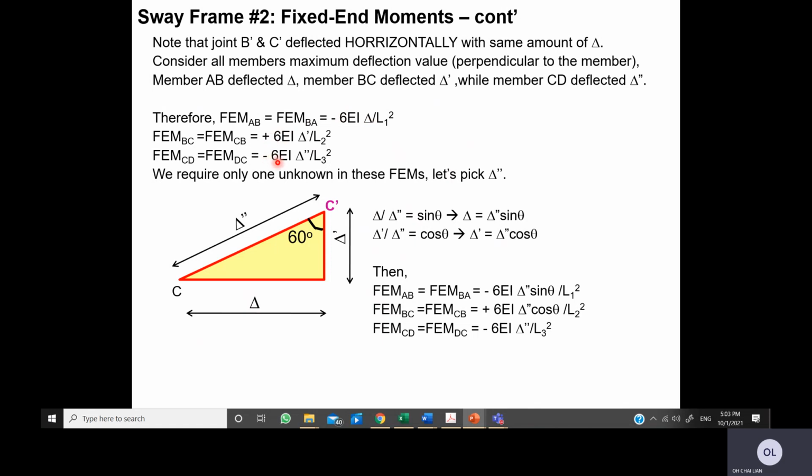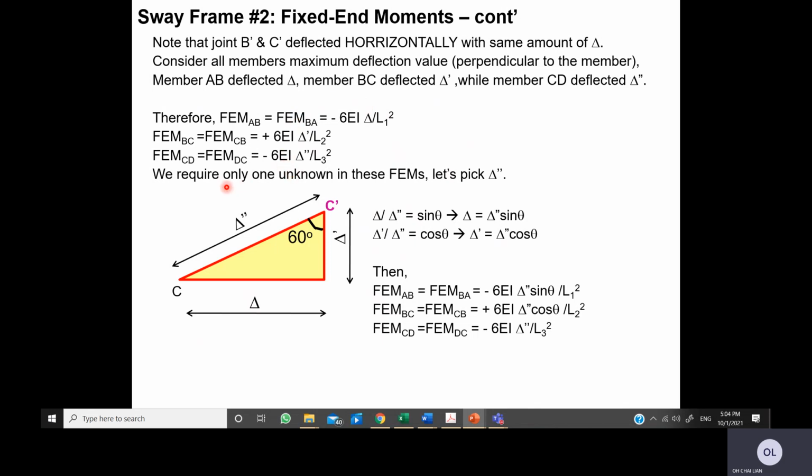But we couldn't have so many unknowns here. We only want one unknown. So you can substitute using the relationships, so that only one of the unknowns remains.